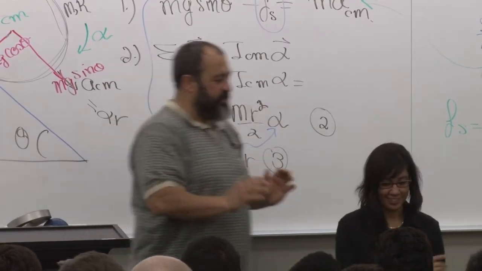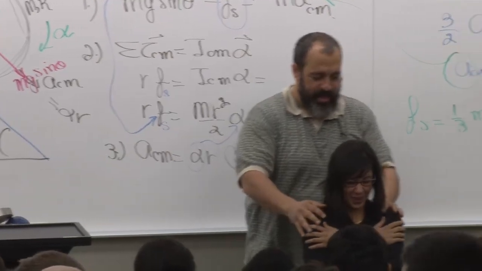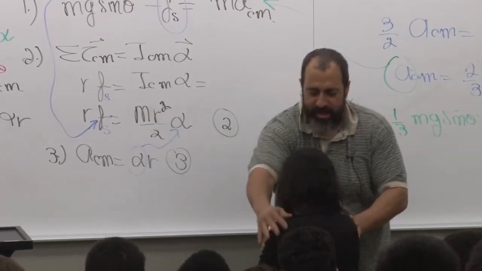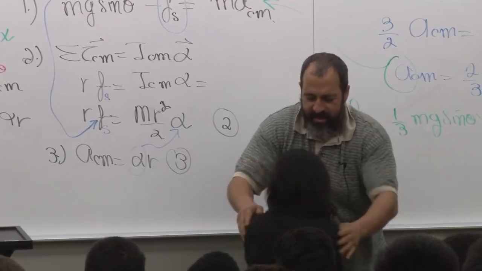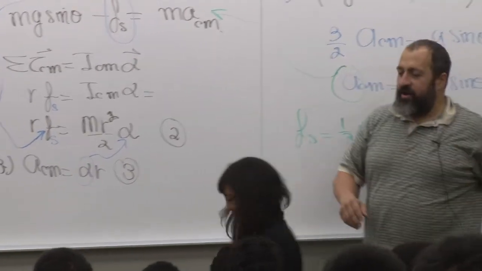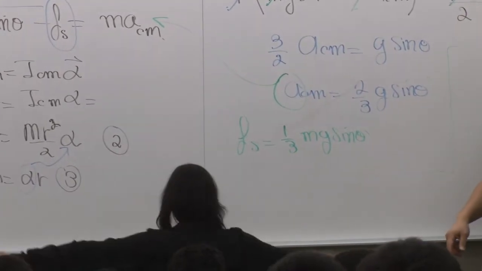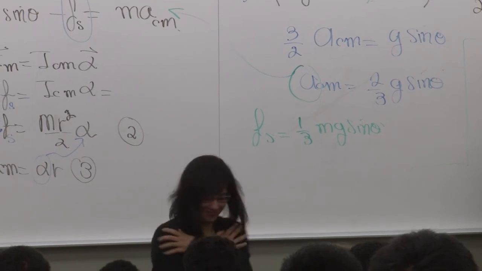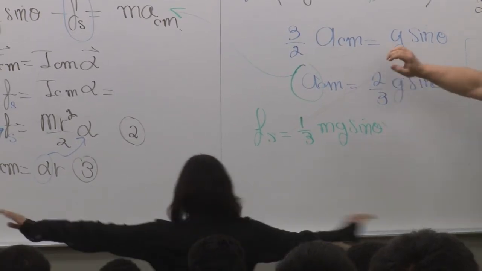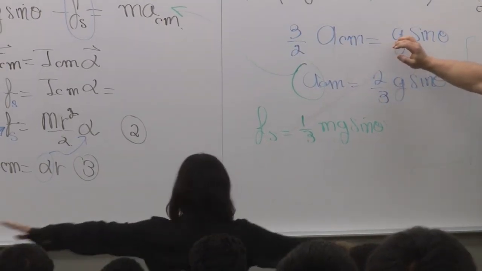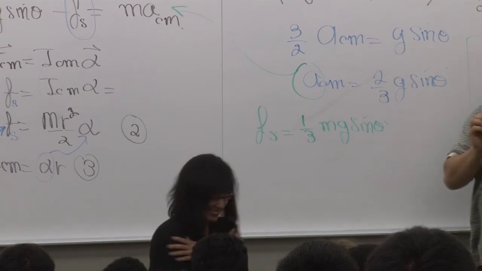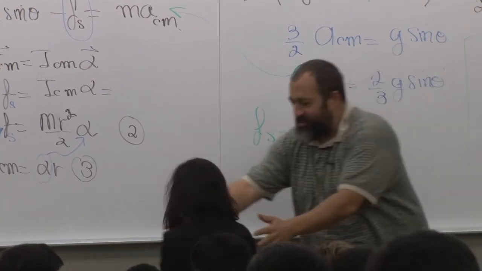Ready? There you go. Don't hit me. Okay, arms out. Whoa. Arms back in. Arms out. Arms in. And the moment of inertia is changing, but the angular momentum is constant.